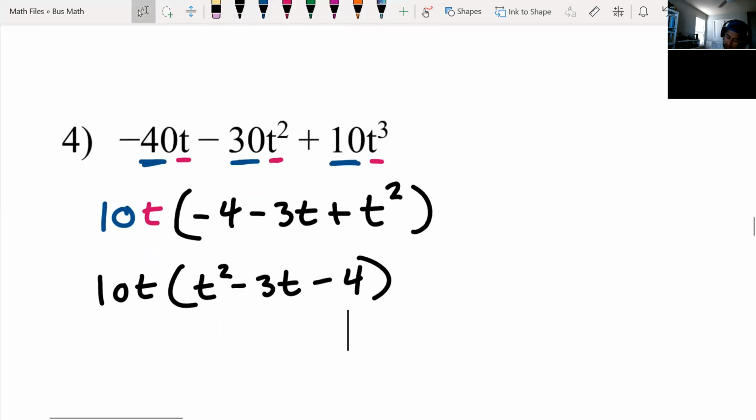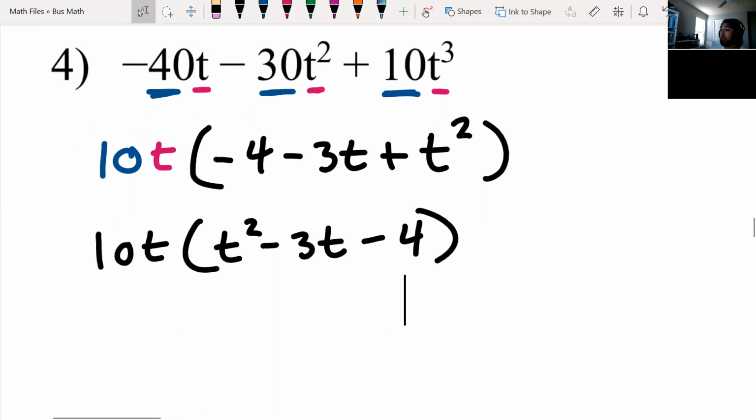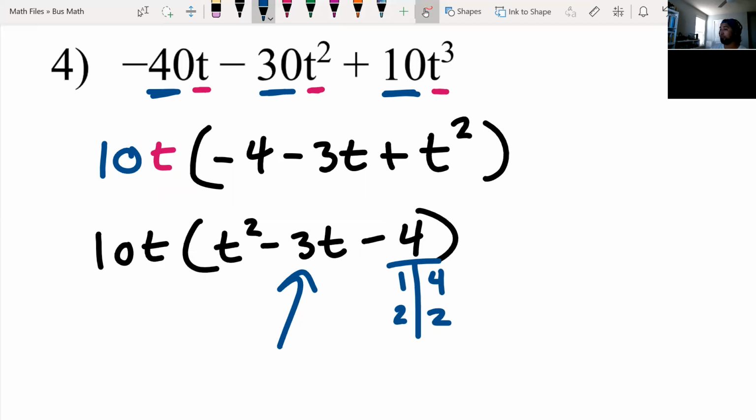Okay. So now we are ready to factor the inside trinomial, where all we have to do is list the factors of 4. 1 and 4, 2 and 2. Which of these factors can get us to negative 3? Negative 4 and 1. Good.